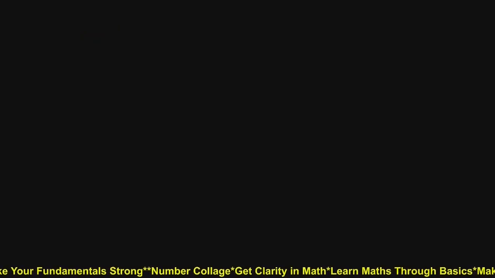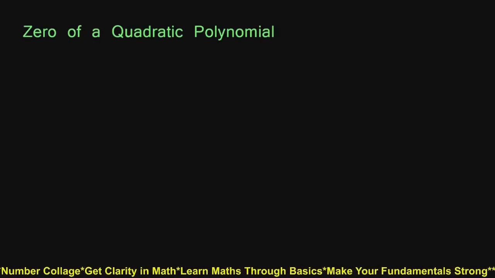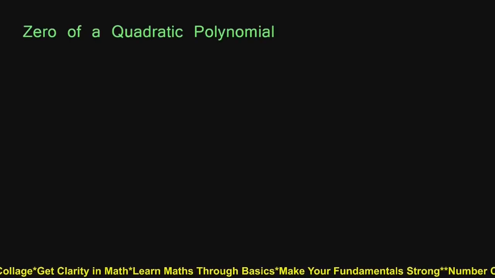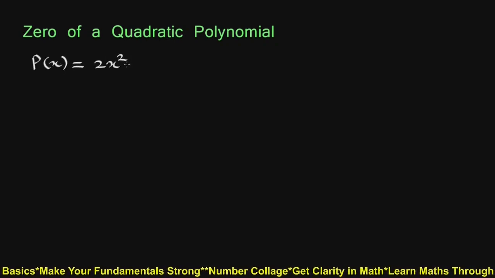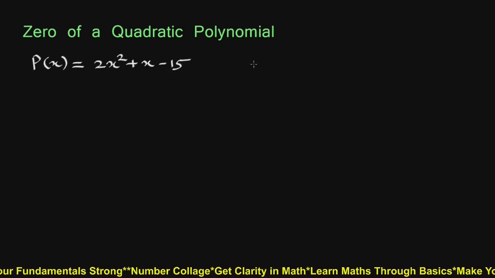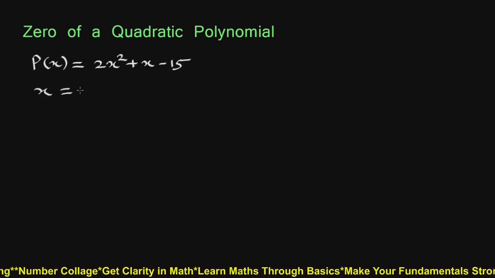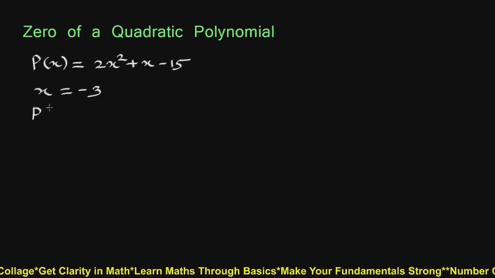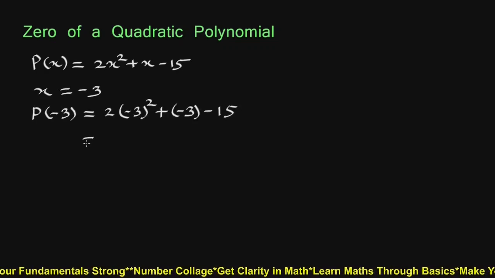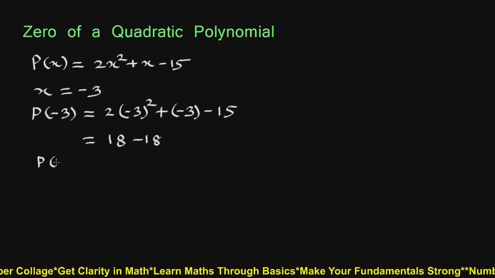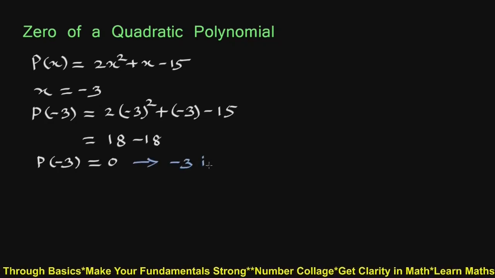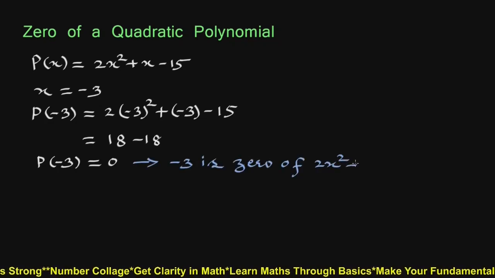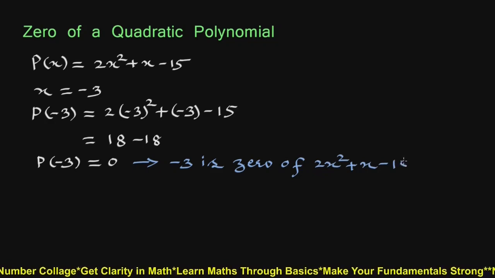What is meant by a zero of a quadratic polynomial or a quadratic function? Consider p(x) = 2x² + x − 15. For x = −3, p(−3) is 0, which implies −3 is a zero of 2x² + x − 15.